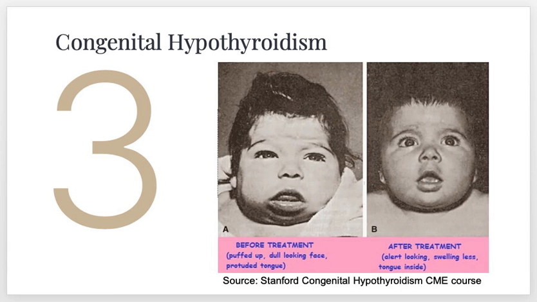Regarding weight concerns in children, it's a little different because our main concern is linear growth deceleration. And in the first 3 years of life of congenital hypothyroidism, if it is untreated, we can actually have problems with their cognitive development. So I wanted to share with you this picture because you can see that the patient at your left is having edema around the eyes, having a sunken eye appearance.